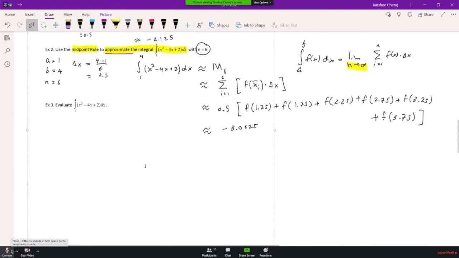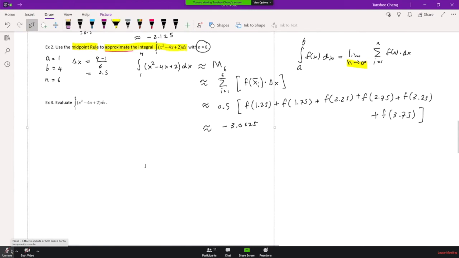Last question. This time what we want is the exact value. That means our subintervals will not be a finite case anymore; it will be using infinitely many. So make sure you pay attention to the differences on this problem.